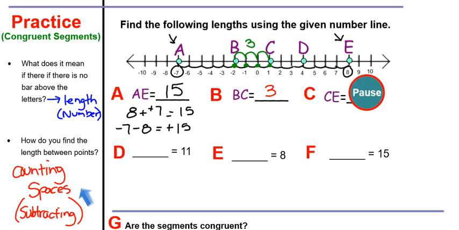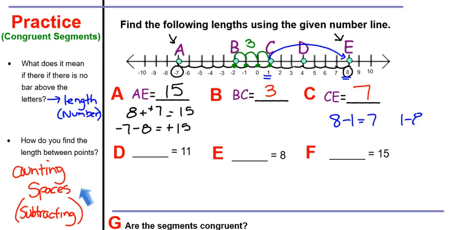Then the next one, from C to E, the answer is 7. Measuring from C to E, from here all the way to here, I have the numbers 8 and 1. If I use my subtraction method, 8 minus 1 equals 7.